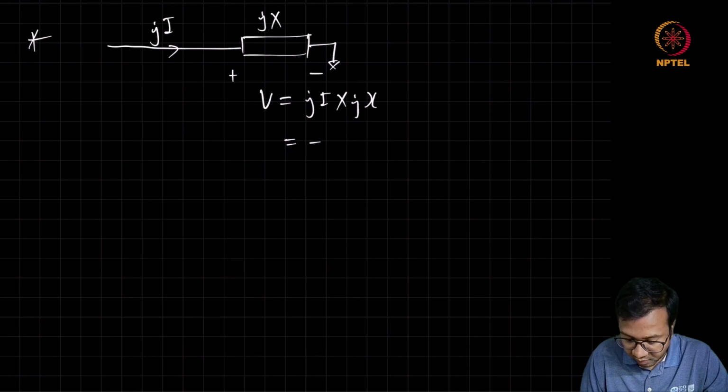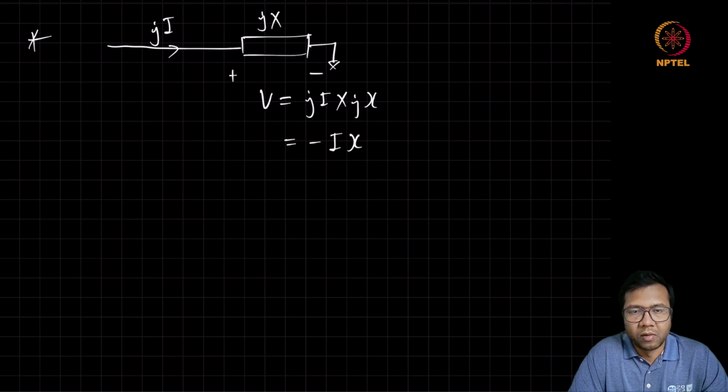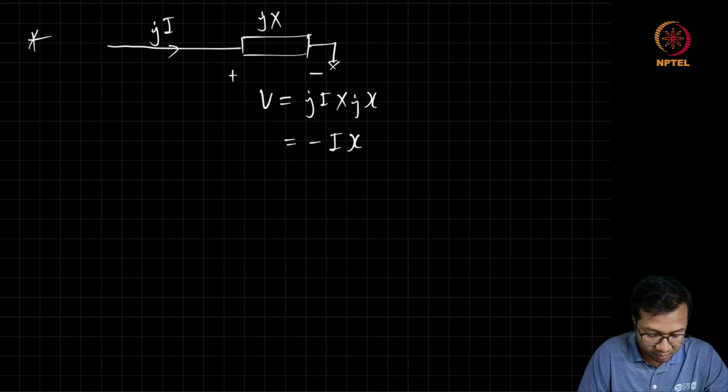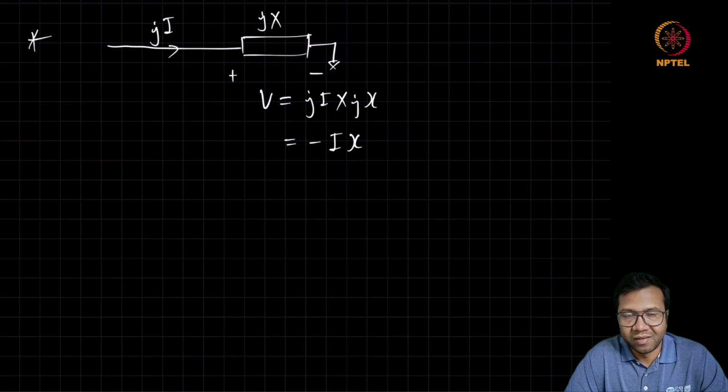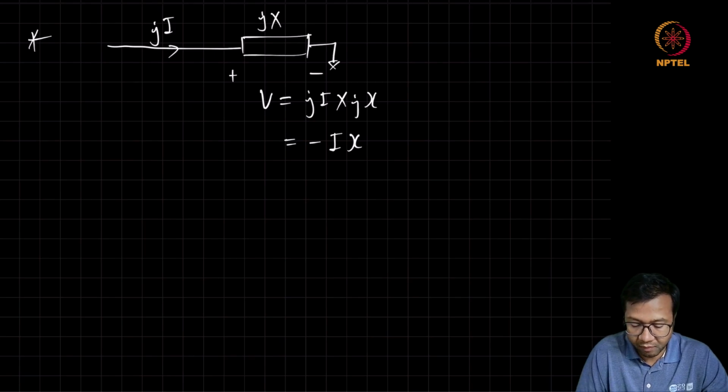It is of the form minus I into X. So by choosing the X and I appropriately, we can control this polarity. But the takeaway message is, without using actually a real impedance, we can get a voltage drop which is purely real.